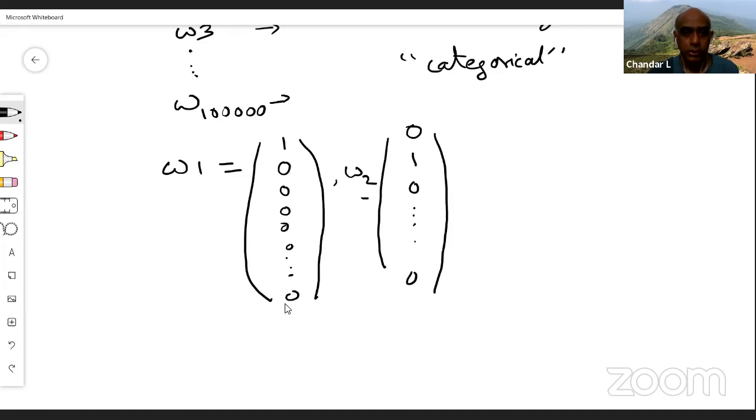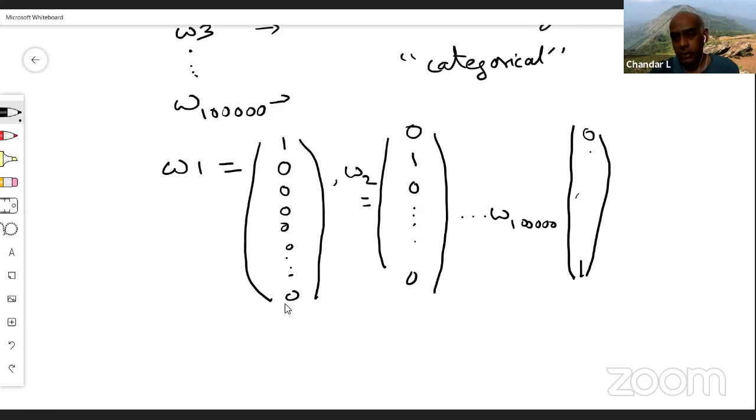This is the way it is done, the most naive way. And of course, W 100,000, which is the last of these words, would be 0 everywhere and 1 only at the last position. So this is the one-hot encoding approach, the most naive approach to convert words to vectors.